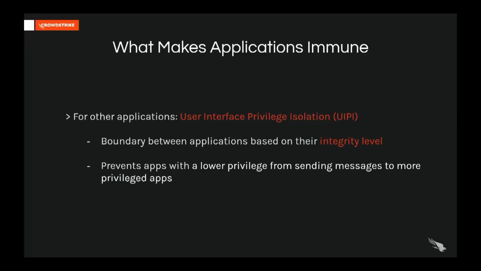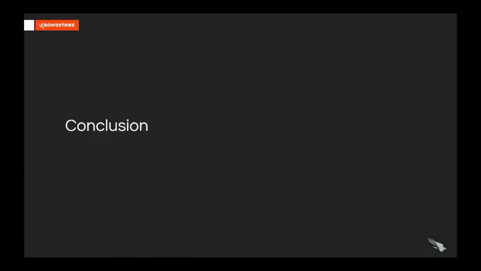As we've seen that the Restart Manager relies on the messages WM_QUERYENDSESSION, WM_ENDSESSION, and WM_CLOSE, it will prevent them from just sending messages and using the Restart Manager to end those applications.